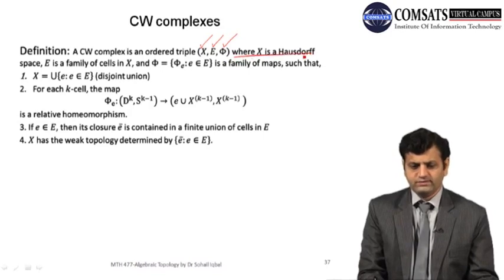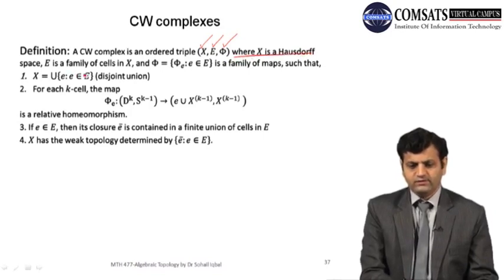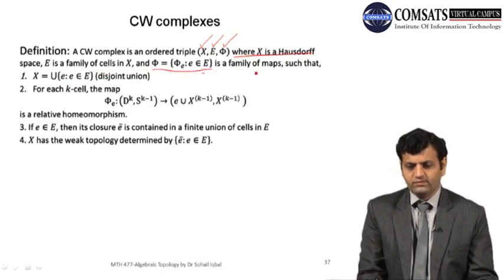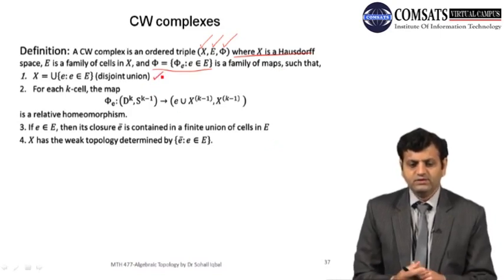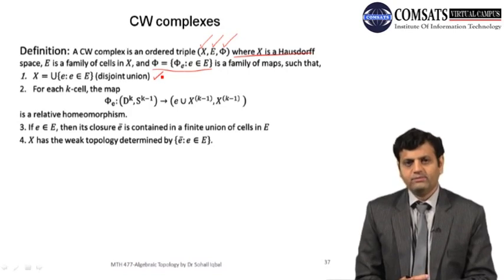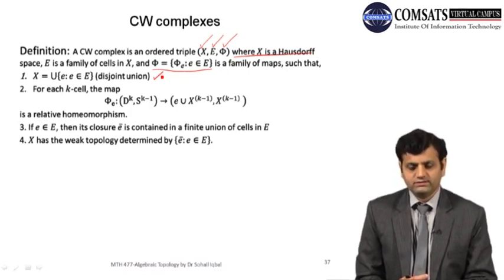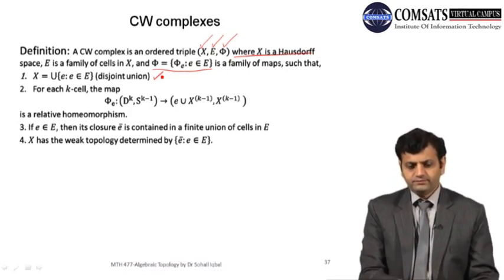X is a Hausdorff space, E is a family of cells in X, and phi is a collection of maps such that the following conditions are satisfied. Number 1, X is the union of these cells. Keep in mind the example of the torus.